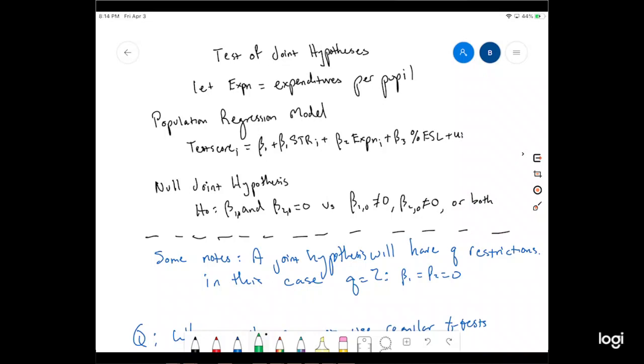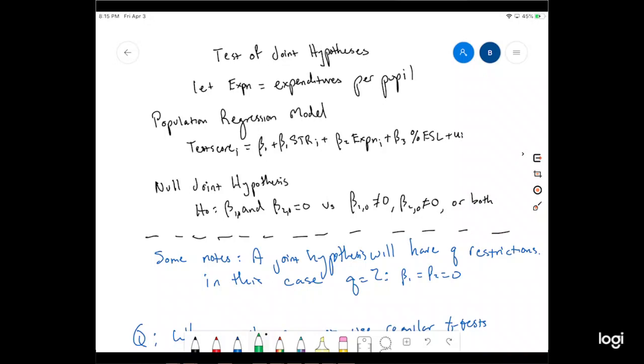Do we just run anything we can think of? Do we throw all the variables in the model that we have data on? Or is there some reason for selecting specific variables? So this is going to be tests of joint hypotheses, which is going to help us select which variables are important.